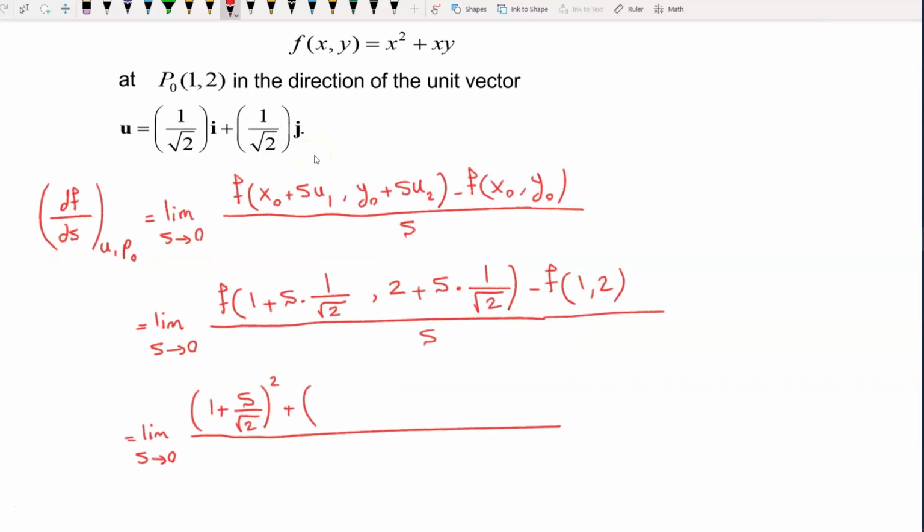And this is equal to the limit as s approaches 0. Here, using what we have for f of x comma y, this is x squared plus xy. So this part is x and here we have y.